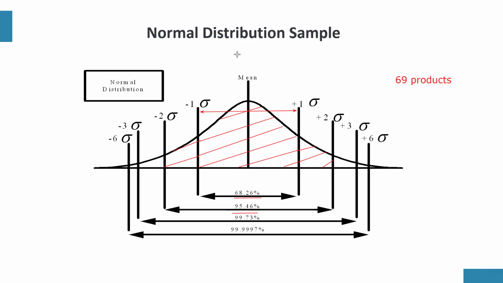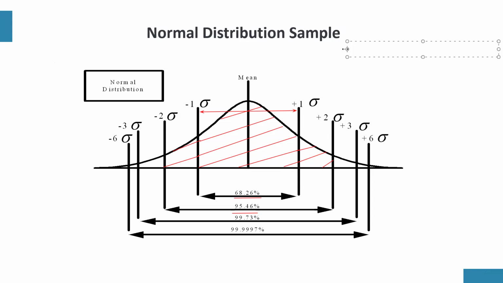So, in other words, the sigma levels can represent the quality standards of production at your organization, right? And the highest level is 6 sigma, which is 99.9997%. So please don't forget 6 sigma is the highest, and that is the most accurate. Now let's look at a couple of them so that we see how different they are.